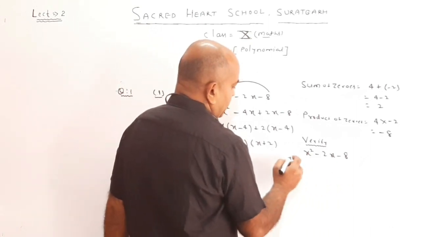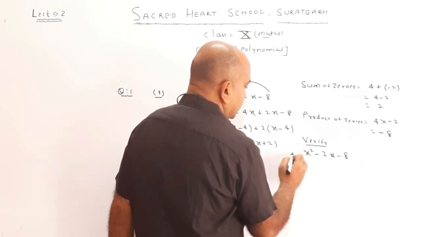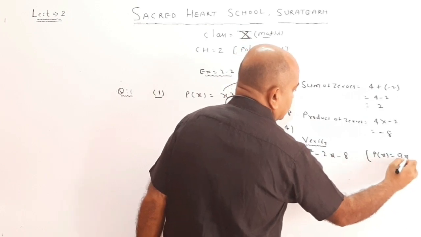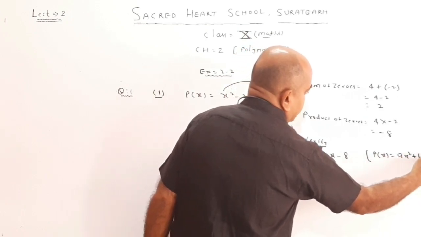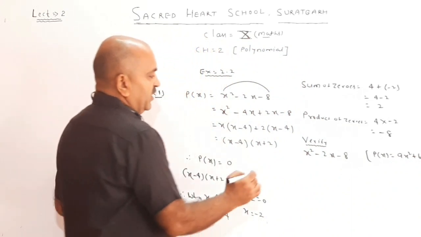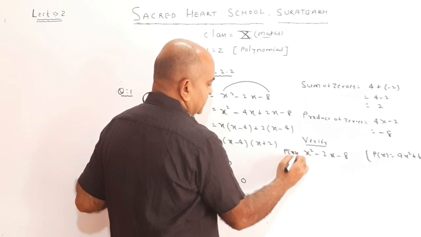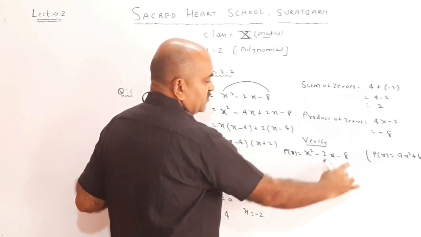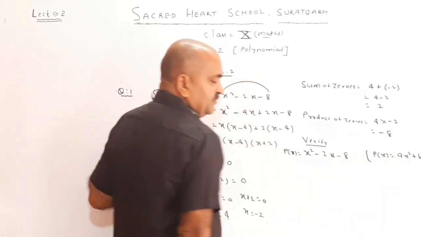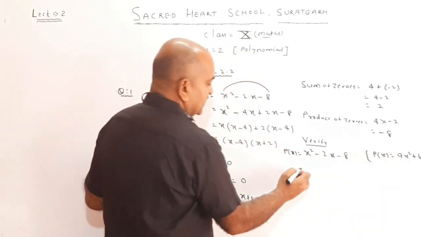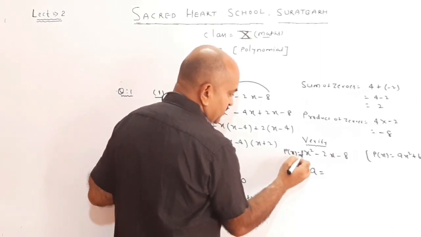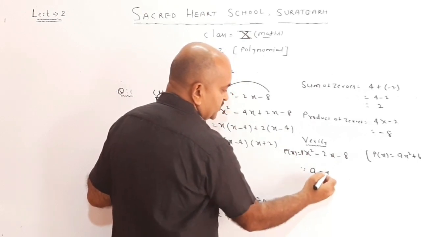Students, this is a quadratic polynomial. So we compare this with the quadratic polynomial ax square plus bx plus c. So first we find the value of a. Because the polynomial p of x equals x square minus 2x minus 8 is given, and the coefficient of x square is a, what is the value of a? Its coefficient, no coefficient written, it means 1. So a equals 1.